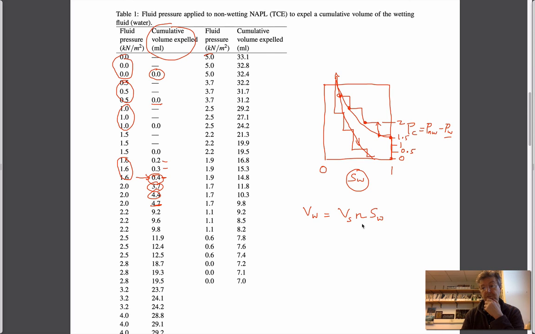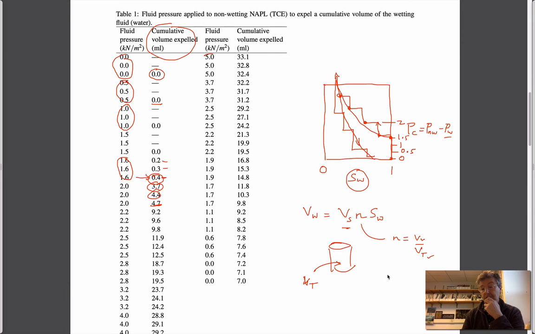This is the amount of water that's in the sample, these particular saturations. So if you know the volume of the sample from core dimensions, if you know the porosity, which is equal to the volume of voids over the volume total. This is the volume total. And so we have this.